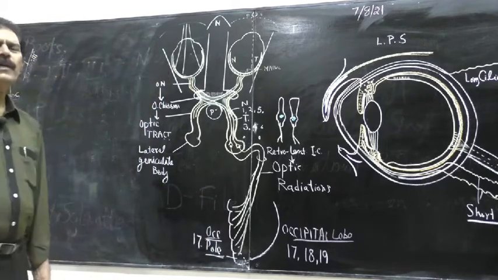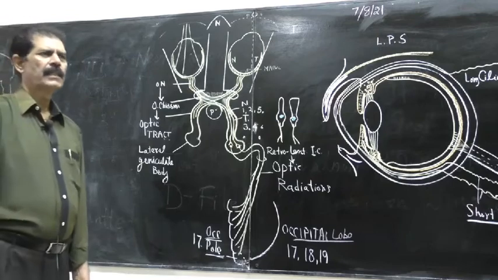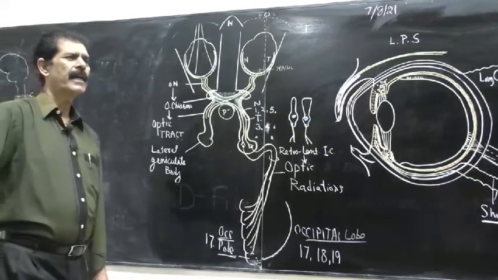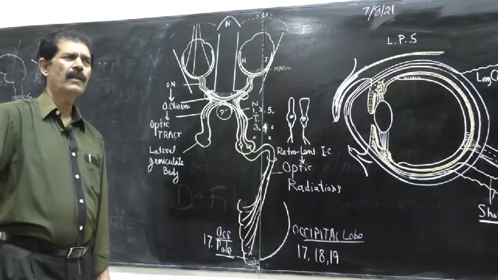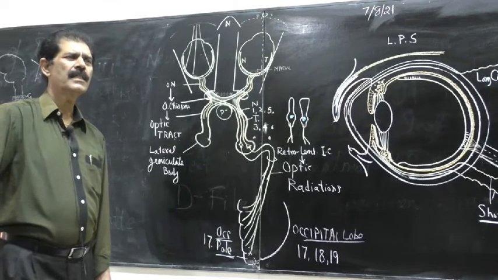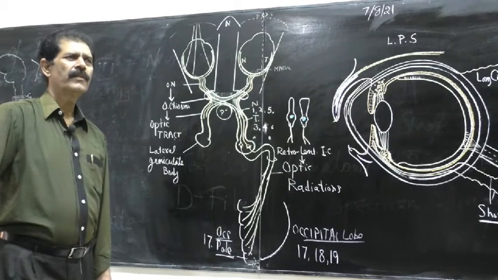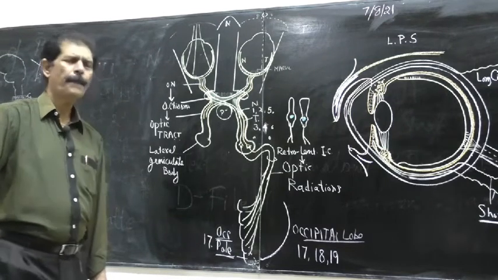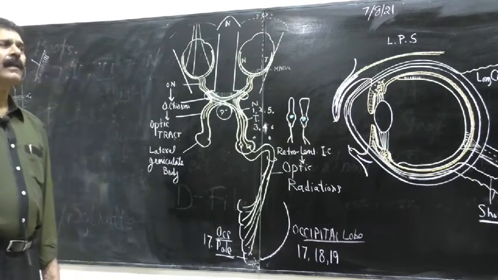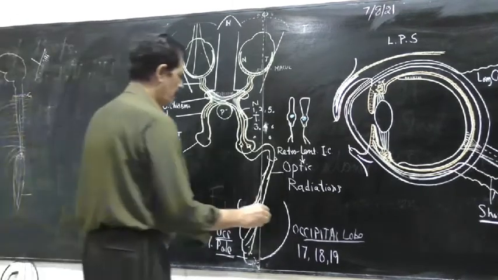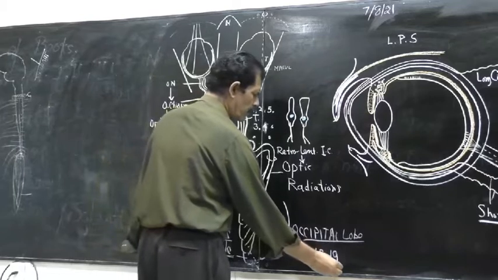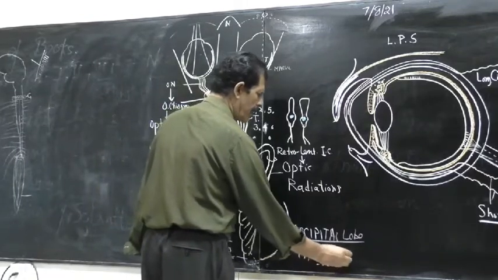While the temporal fibers of the retina carry the association visual impulses, which are concerned with the perception of color and quality of the object, and they terminate into 18 and 19 area.